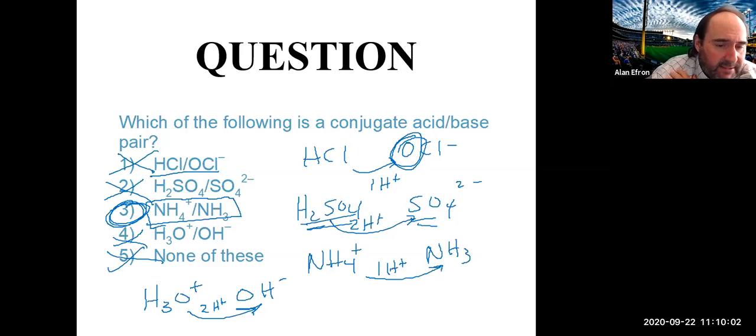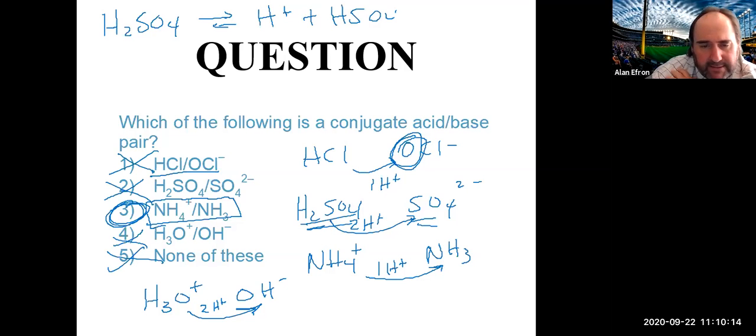And that is because the H pluses actually come off an acid one at a time. So what happens is H2SO4 loses that H plus and makes HSO4 minus. Then the HSO4 minus drops off that H plus and makes SO4 2 minus.